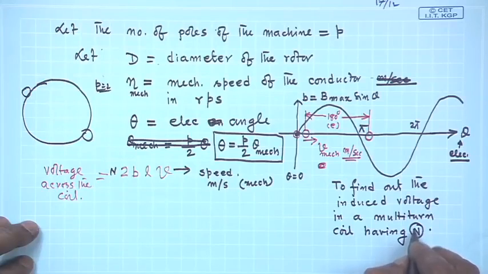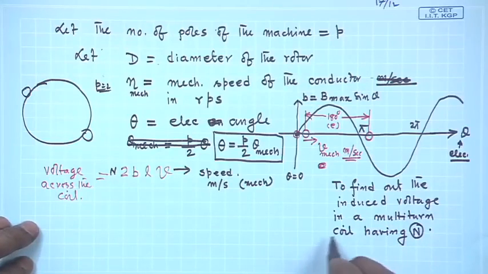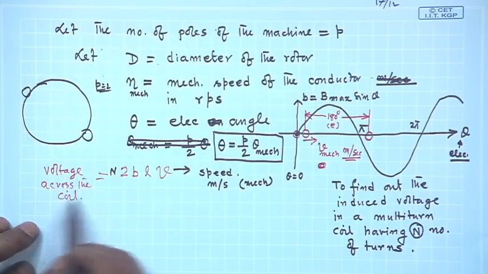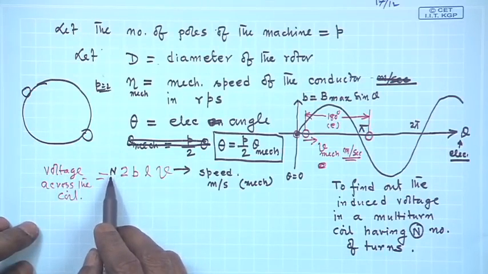You do not confuse it with North Pole. It is with respect to context, you have to understand. Coil having n number of turns, that is what I would like to do. Therefore, the voltage across the coil should be multiplied by n.